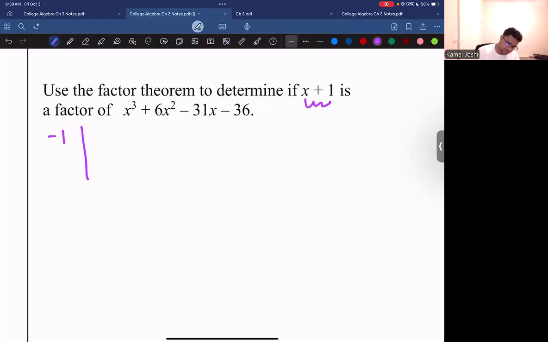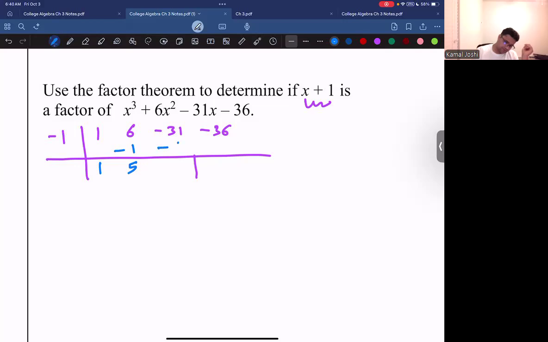Again, you know the method by now. x plus 1, so you have to take minus 1 as your term on the left side, the divisor, and write the coefficients in decreasing order, which are neatly given here. And then you drop it: minus 1, 5, minus 5, minus 36, plus 36, 0.